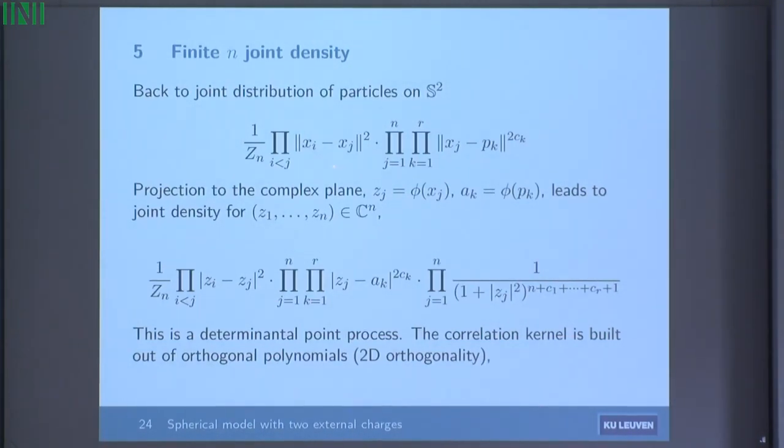If we call Zj the projected points from the xj's, and now I changed notation slightly, the ak's will now be the projections from the fixed particles, pk. Maybe I should have called them bk. Anyway, now the ak's are the fixed points in the plane. Then you get a probability density for these projected points of this type.